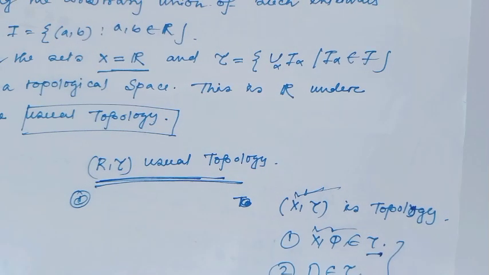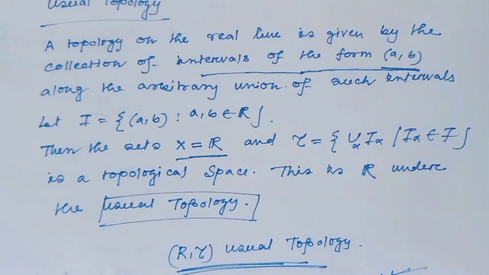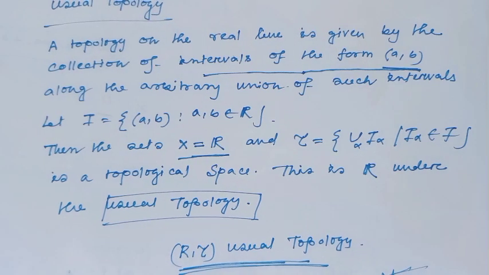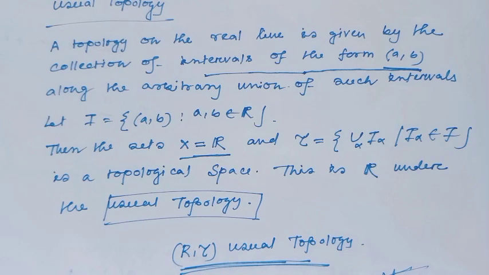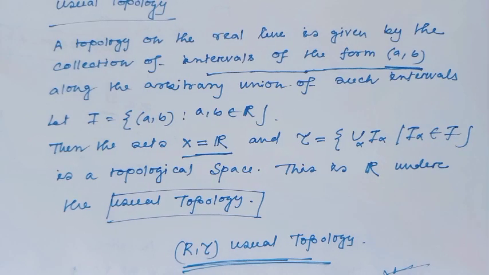That means the union of all collections of intervals is called the usual topological space in R. This is the usual topology.